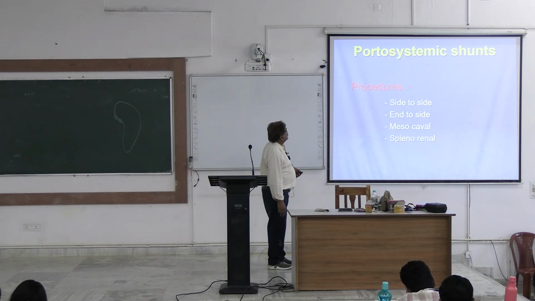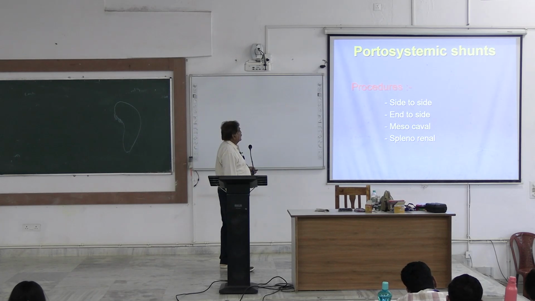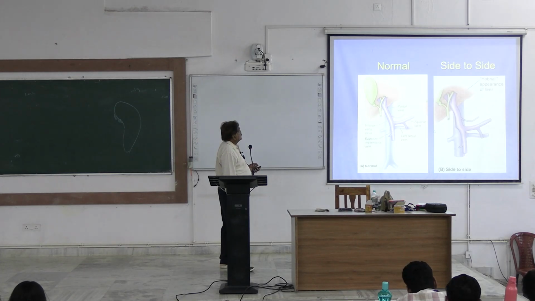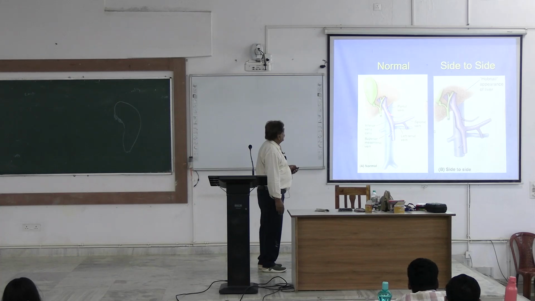Now, portosystemic shunts: side to side, end to side, mesocaval, splenorenal. You can see this is normal, this is the portal vein, this is the gallbladder, the cystic duct, the common bile duct, the inferior vena cava, and the superior mesenteric artery.